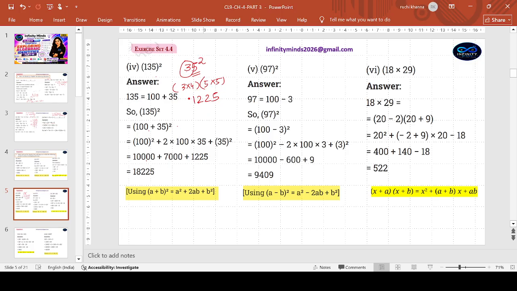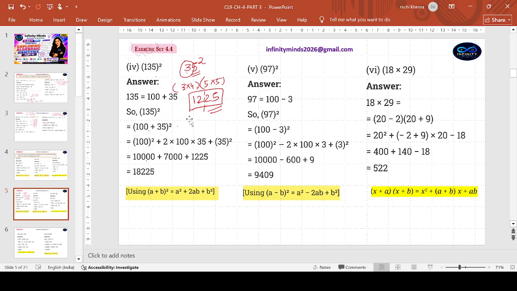Any number ending with digit 5, if you have to get the square of that: 5 fives are 25, so the product will always end with 25. What about the prefix? The number that you have is to be multiplied with the next consecutive number, 3 into 4, 12. That makes up your answer.